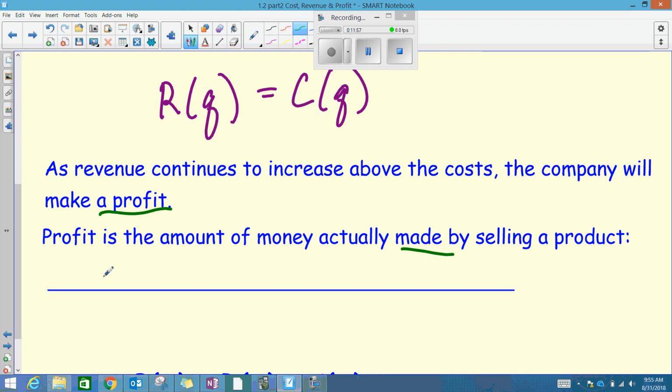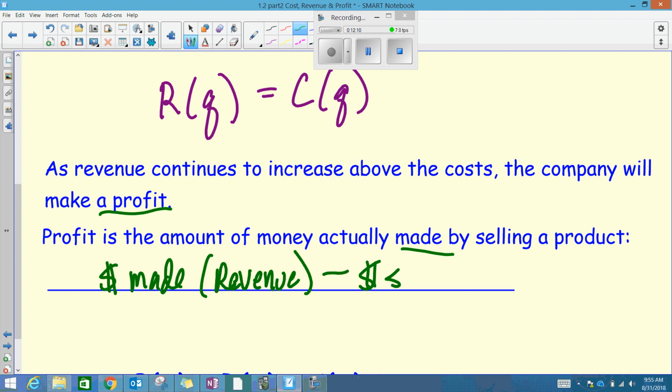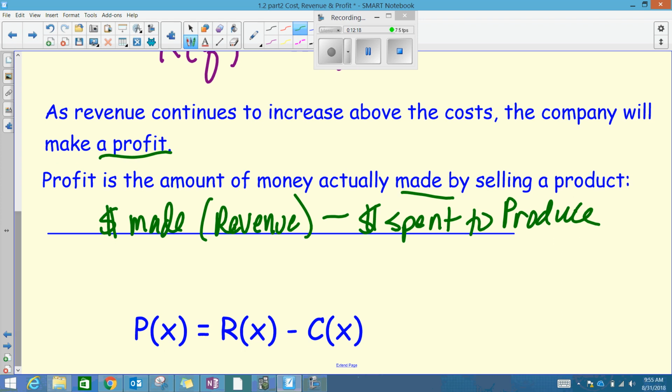So we can think of this in regular language. We can say the money made, or the revenue, minus the money spent to produce, which is our cost. Okay? If we put that in math terms, it is this equation.